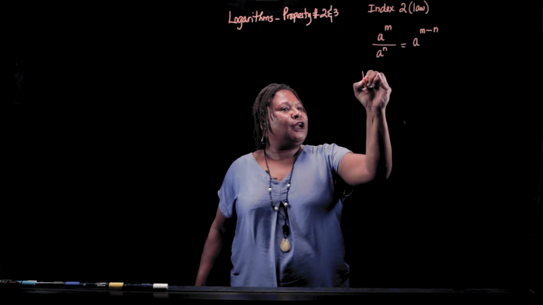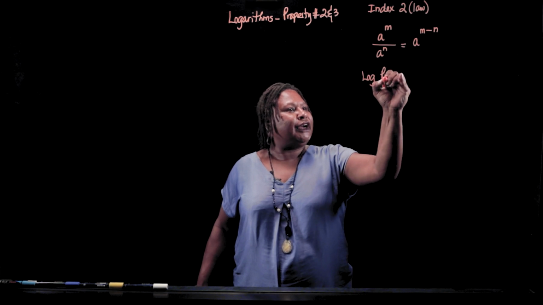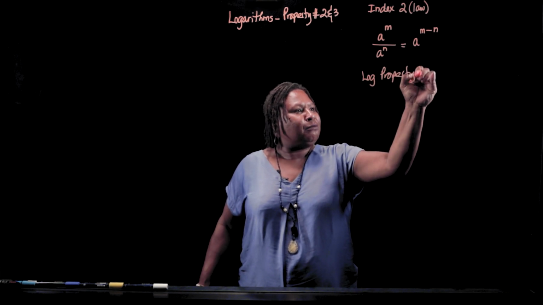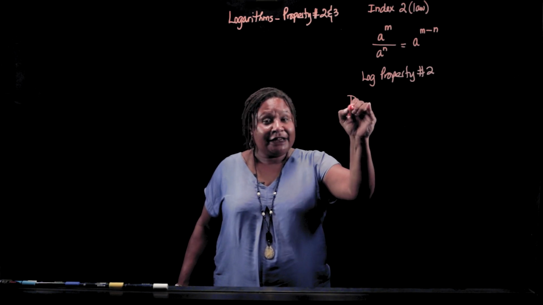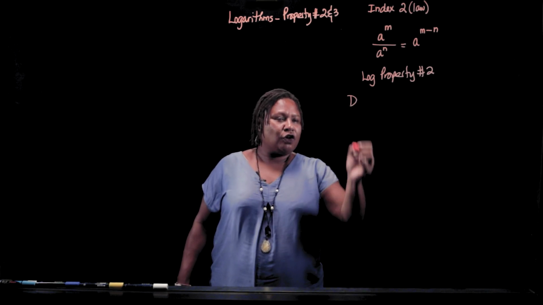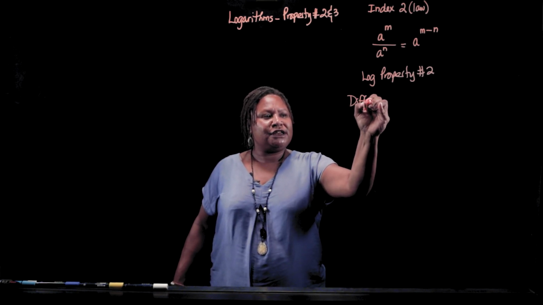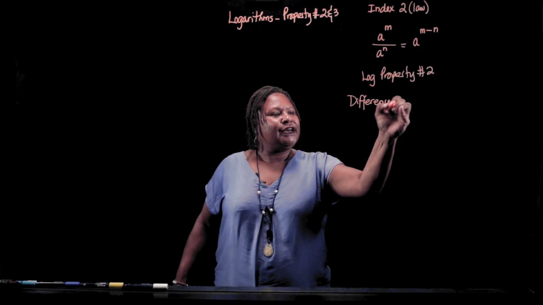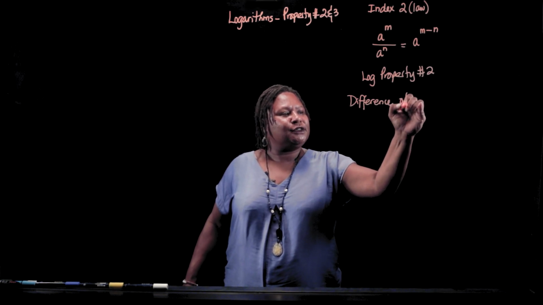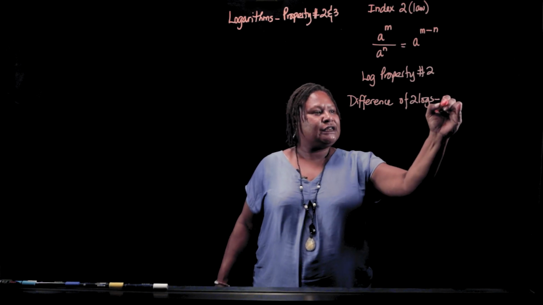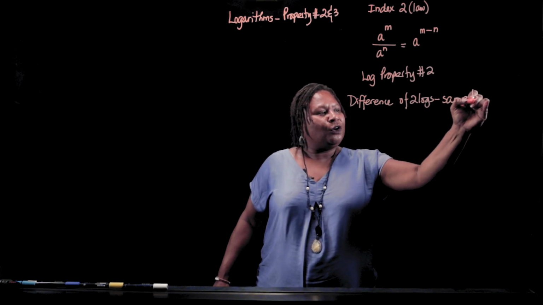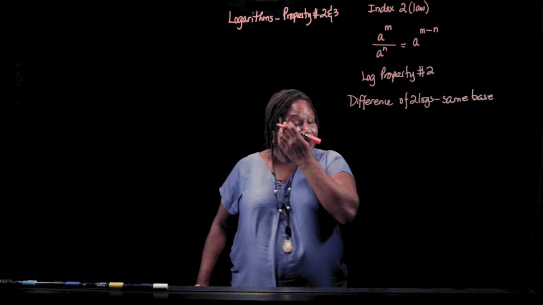Now, for the log property, log property number 2 states that the difference of two logs, difference meaning subtracting, of course with the same base, what happens here?